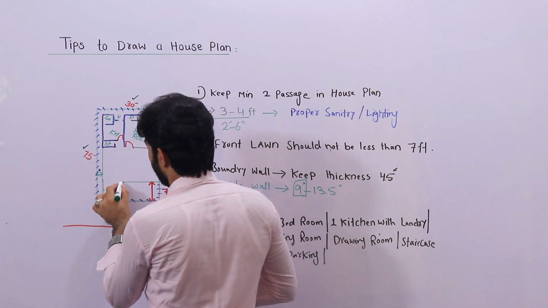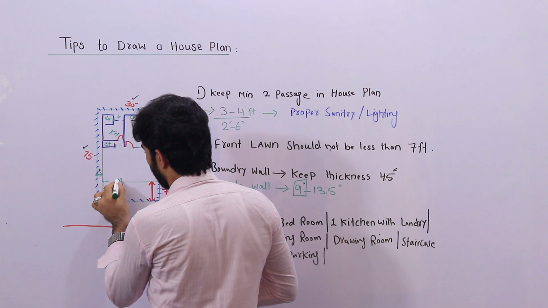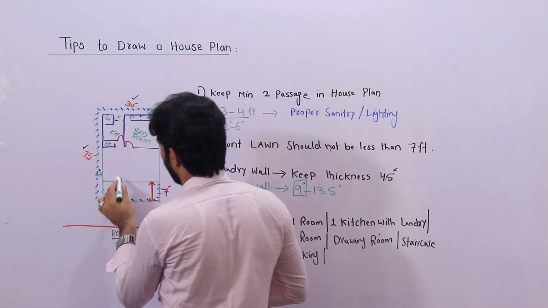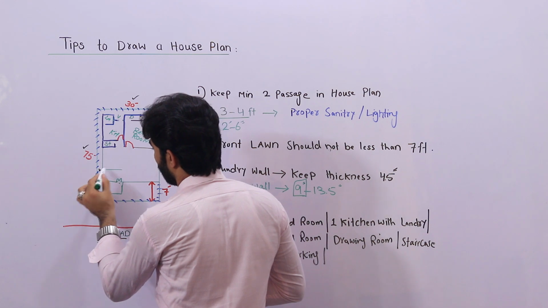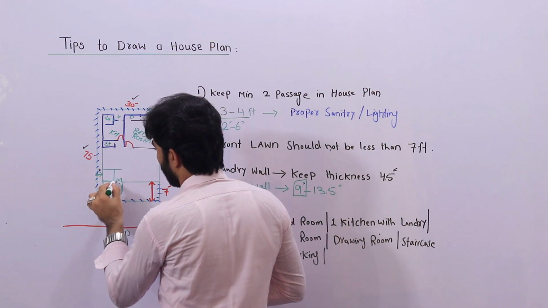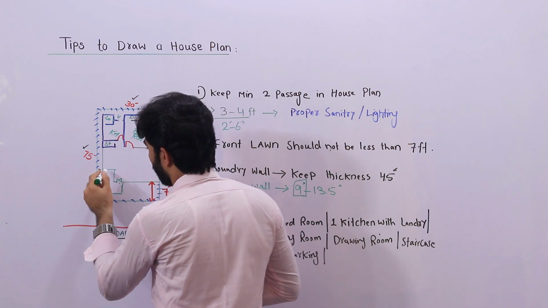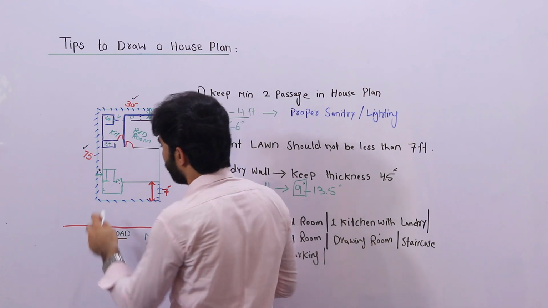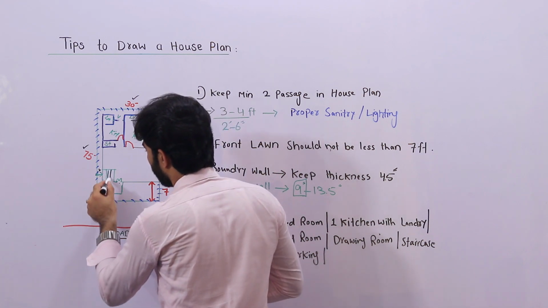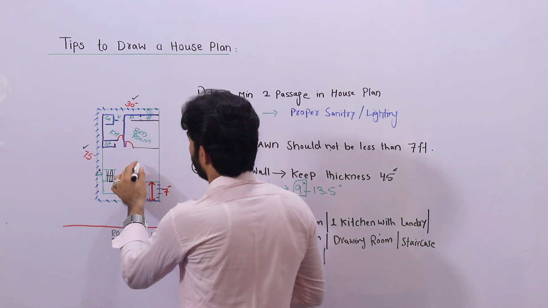Next guys, you can see this is main entrance here. Okay, so when you enter by this main entrance, here guys you can see also we have two entrances. So this is specially for the stair. So this is stair, and you can see this is a living room.